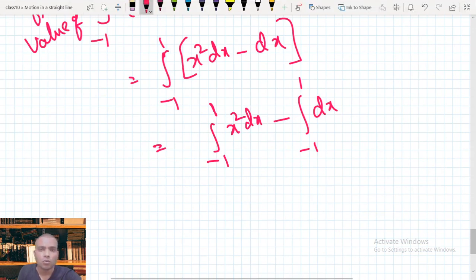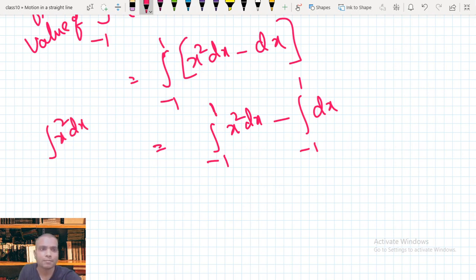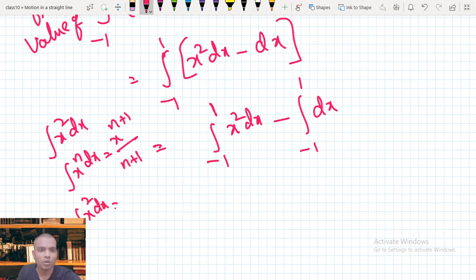Now we do the integration for x square. Our task is integral x square dx. This is in the form of integral x power n dx, and the formula is x power n plus 1 upon n plus 1. In the place of n, here it is 2.